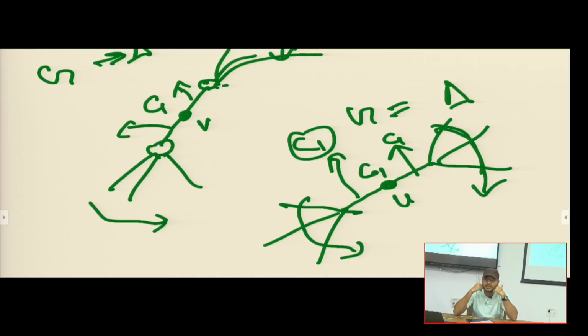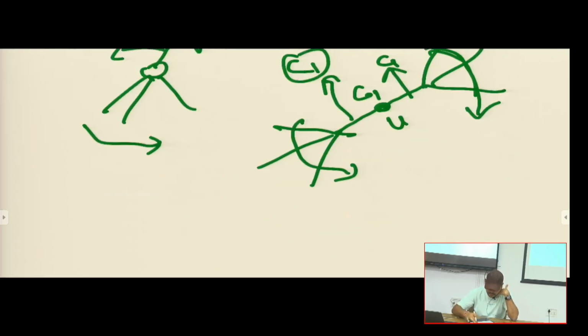And similarly the other way. And if it is delta plus 1 colorable, then we know the maximum value is delta plus 1, right? So that's it.